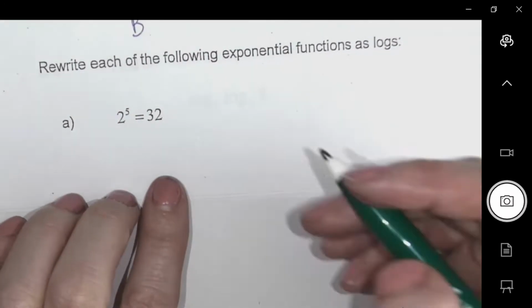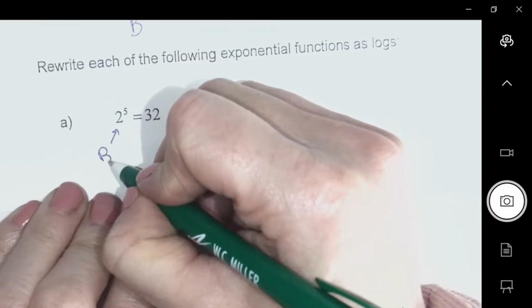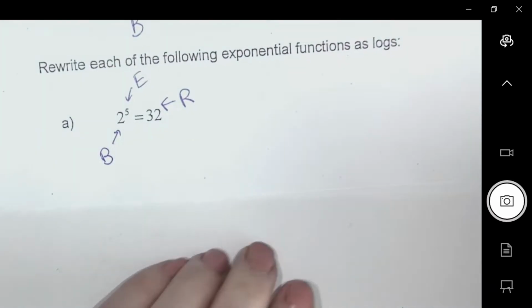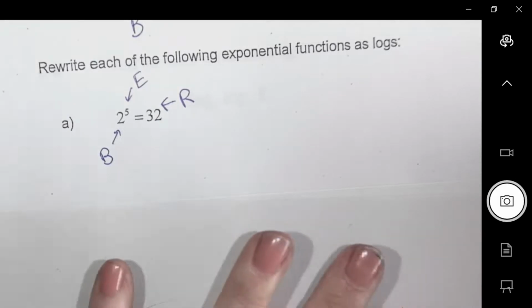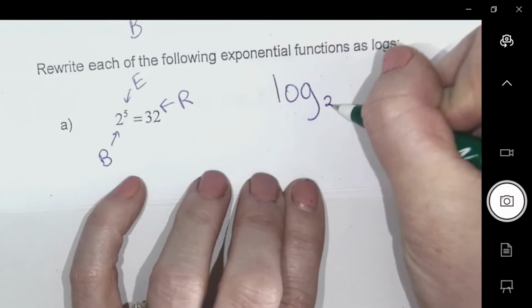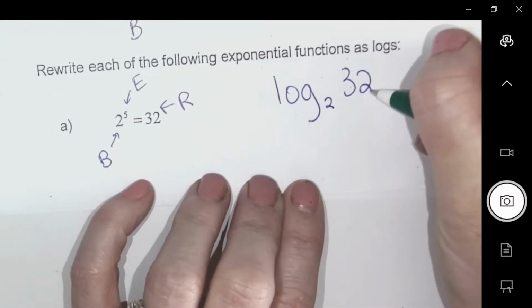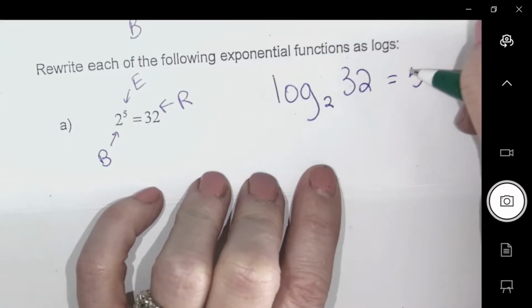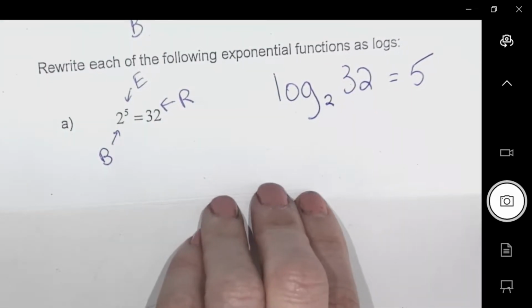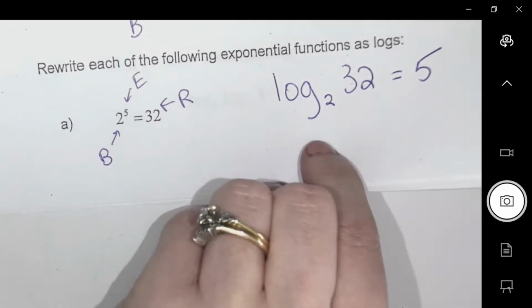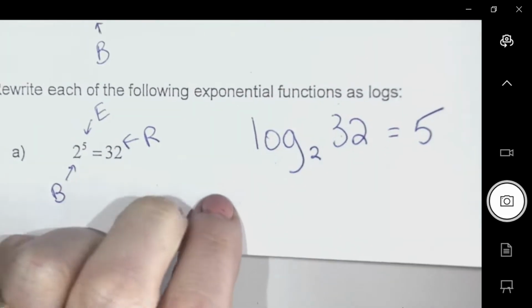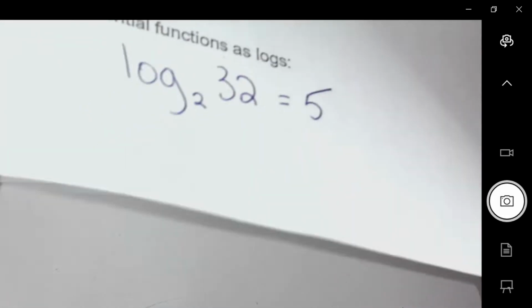Okay, now switching it up. So base, exponent, result. I'm going to move it to log. So log base result equals exponent. Okay? I gave you a couple of those simple ones on the test, so hopefully those are the freebie points.